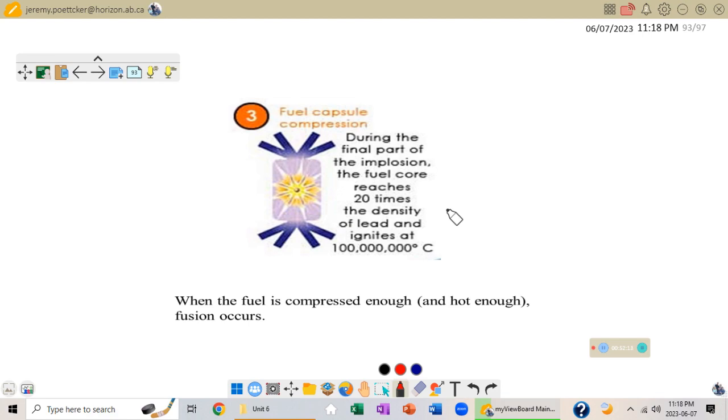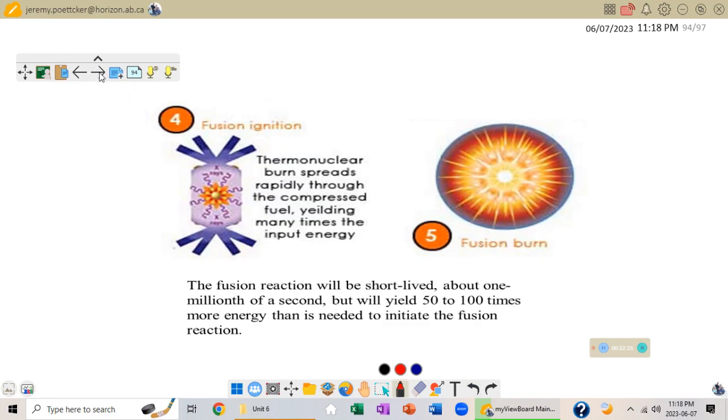During the final part of the implosion, the fuel core reaches 20 times the density of lead and ignites at about 100 million degrees Celsius. When the fuel is compressed enough and hot enough, fusion occurs. Again, getting it to that point is hard. The fusion reaction will be short-lived, about 1 millionth of a second, but will yield 50 to 100 times more energy than is needed to initiate the fusion reaction.